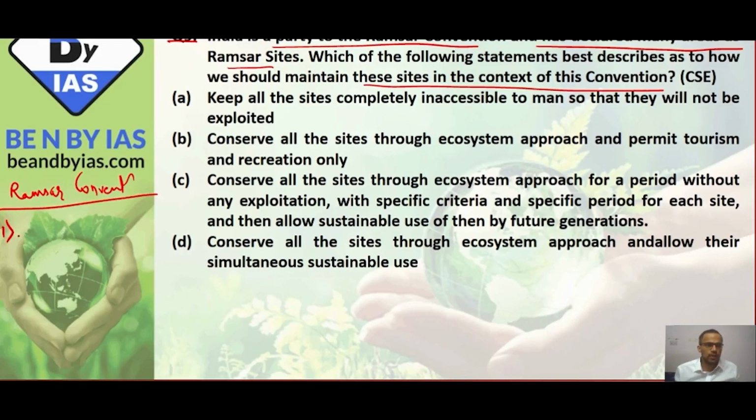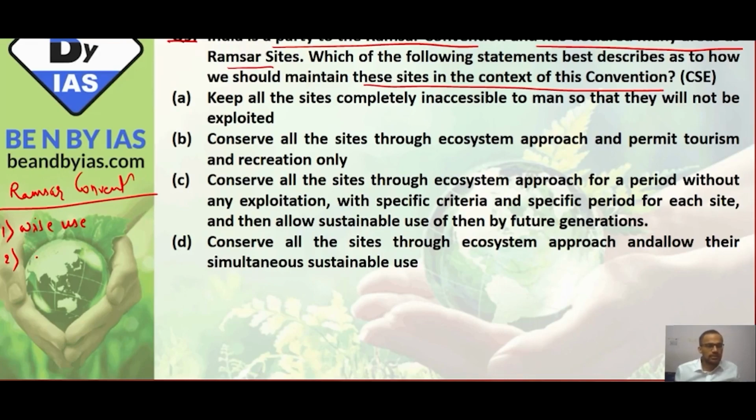First is wise use of wetlands. We should use wetlands in such a way that the ecological character of the wetland is not hampered or changed. That is the wise use of wetlands.